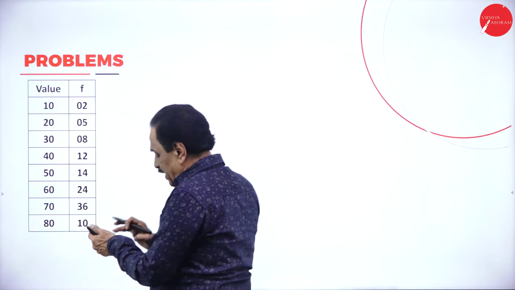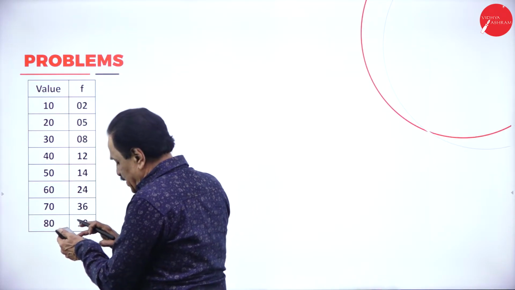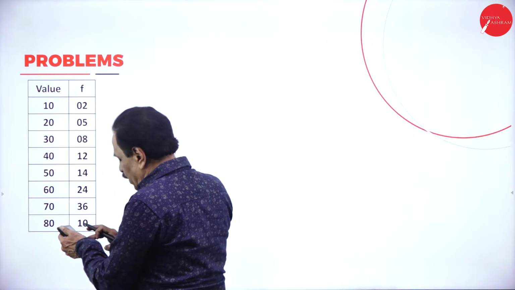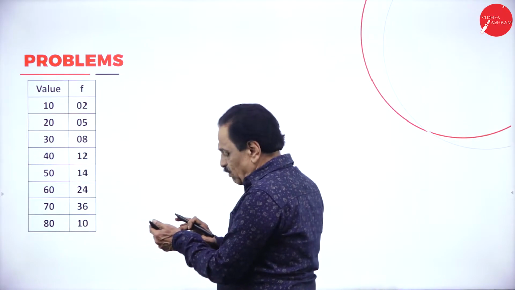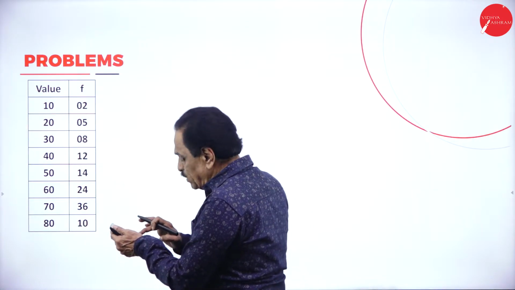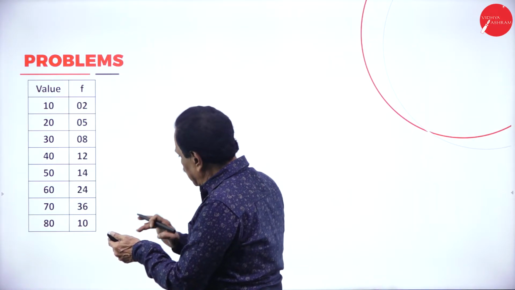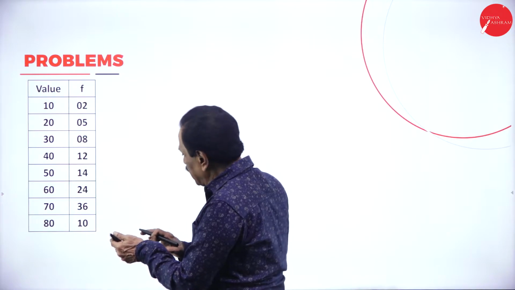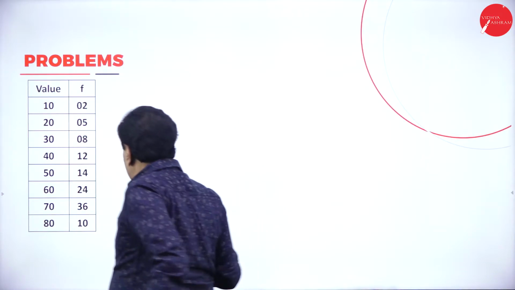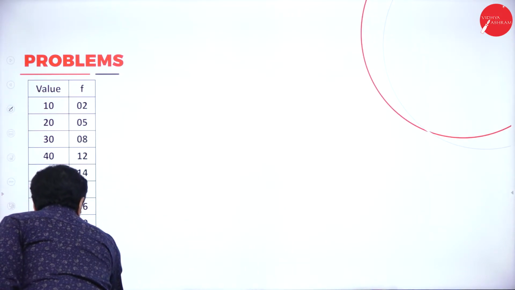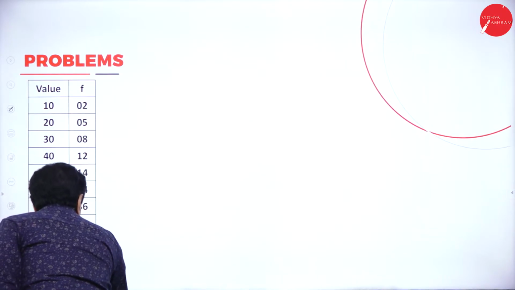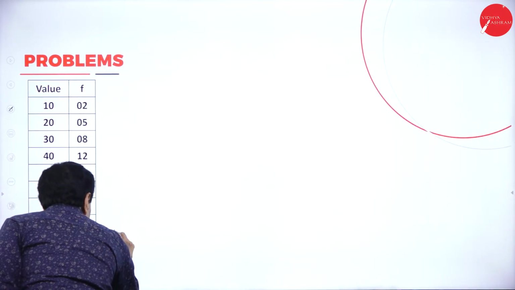Add 5 plus 8 plus 12 plus 14 plus 24 plus 36 plus 10 is equal to 111. The total comes, N is equal to 111.